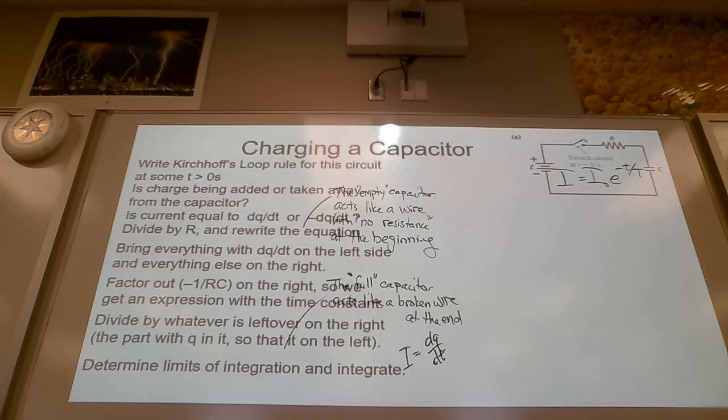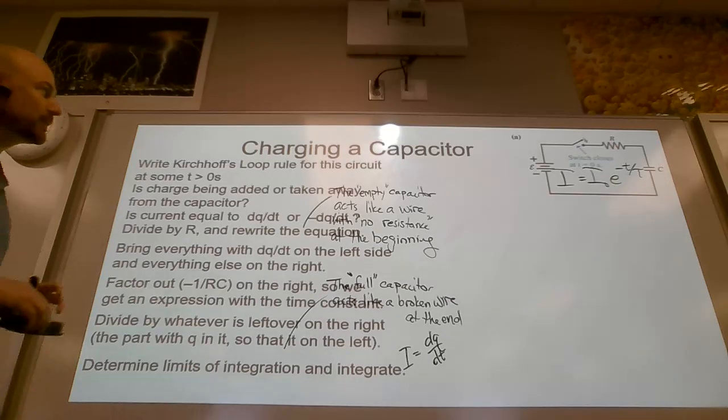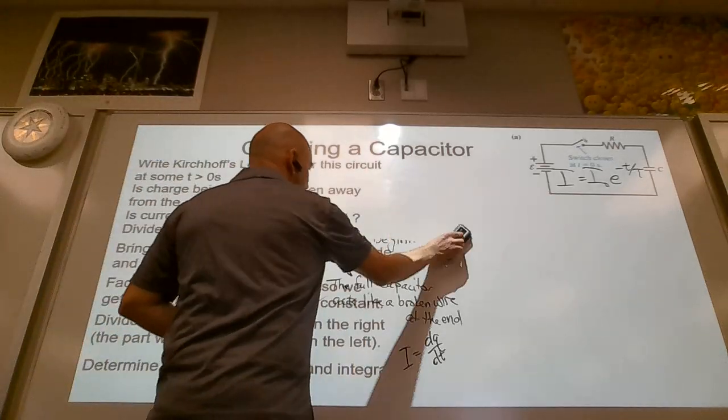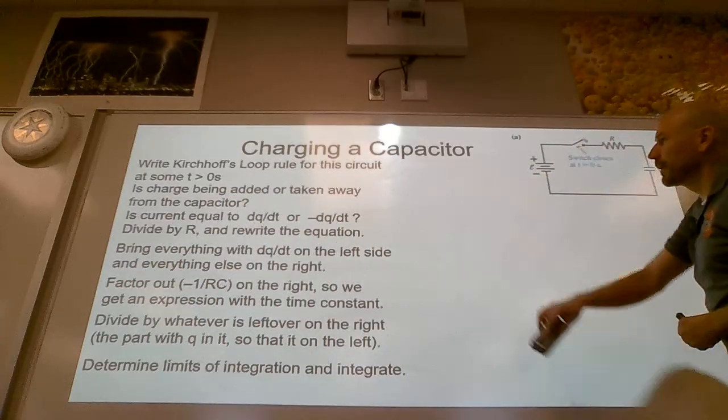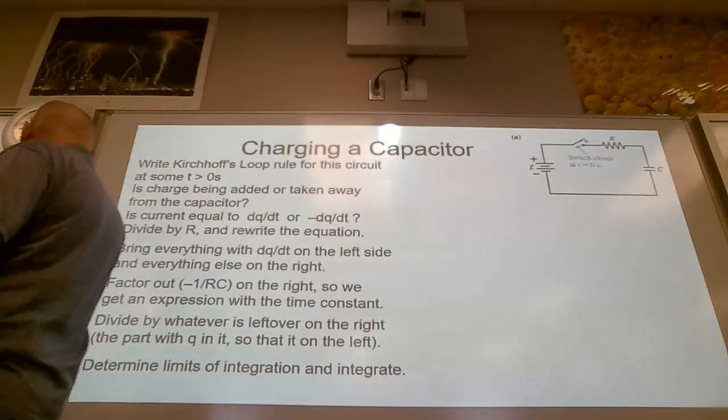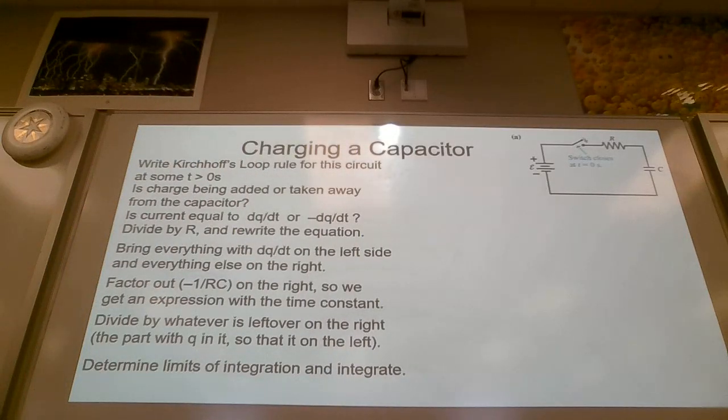Okay. So here we go. This is where I give you a head start and then I come up behind you to make sure we're doing all right. I want you to write Kirchhoff's loop rule for the circuit, after the switch is closed but before it's fully charged, sometime in the intermediary transition steps.